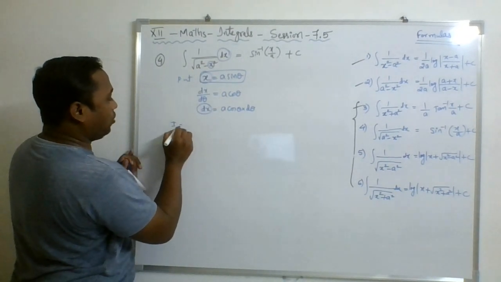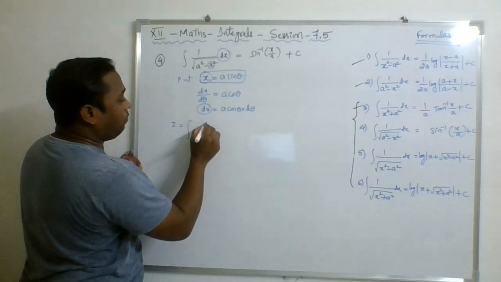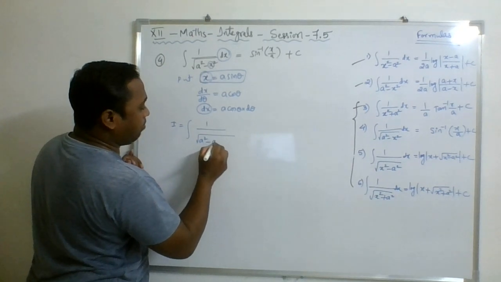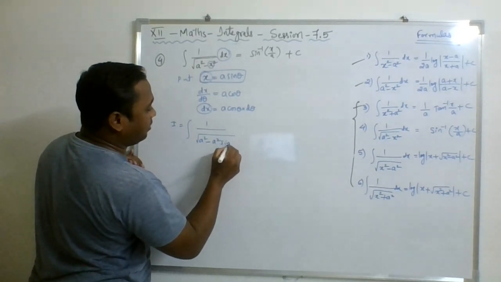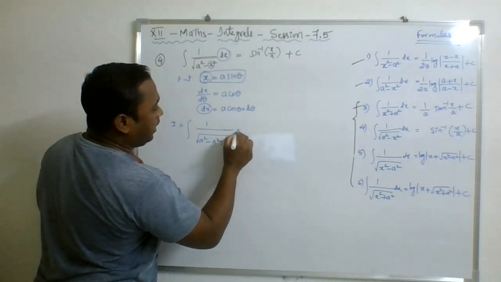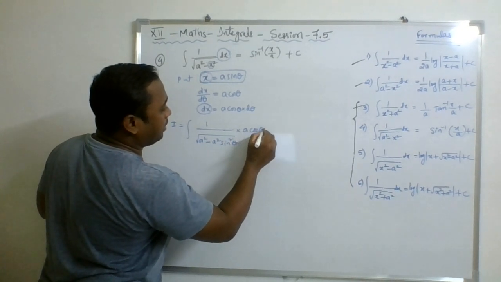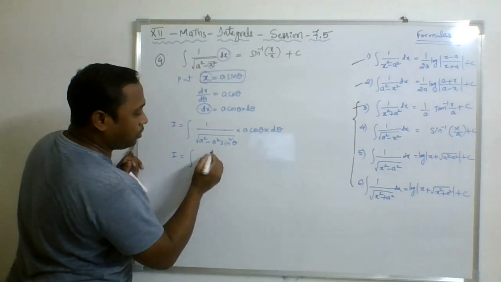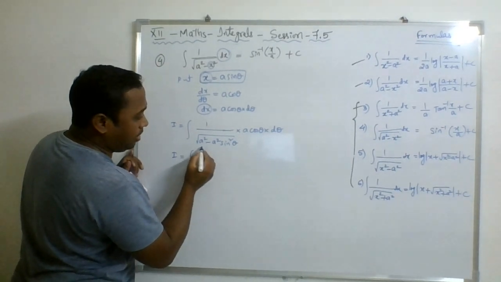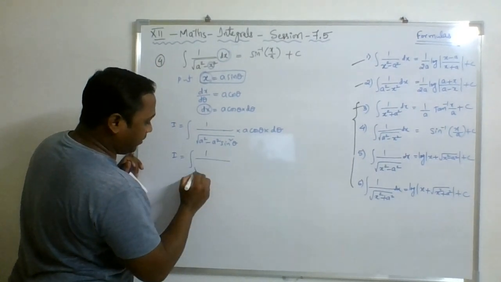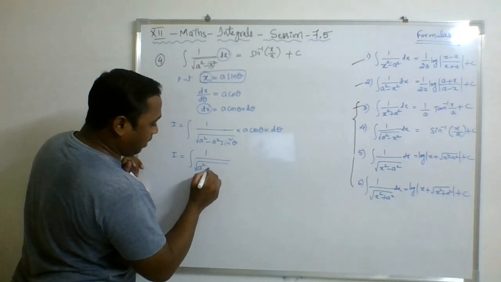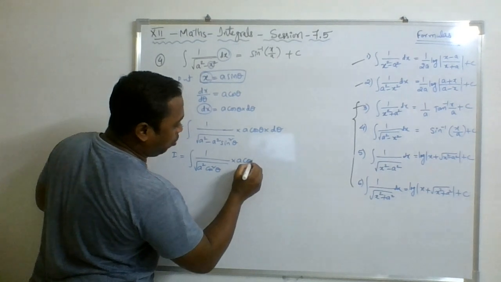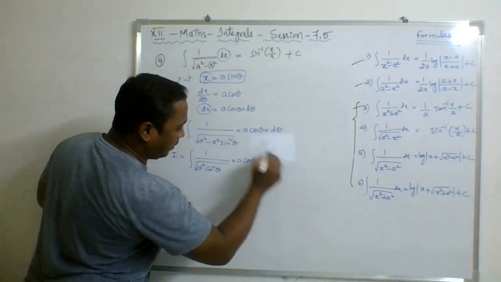So I is equal to 1 upon under root of a square minus a square sine square theta into a cos theta into d theta. So I is equal to, a square is a common factor, then the denominator is reduced to a square cos square theta into a cos theta into d theta.